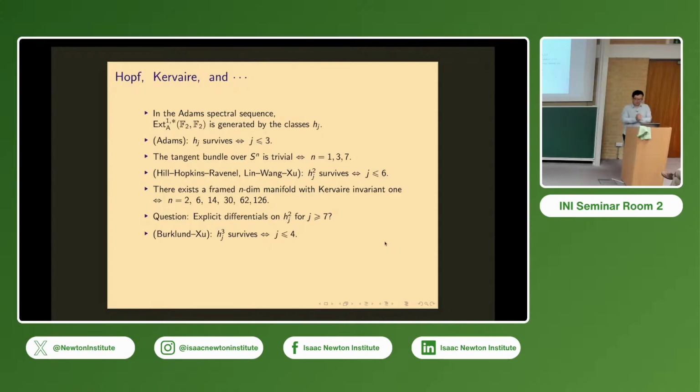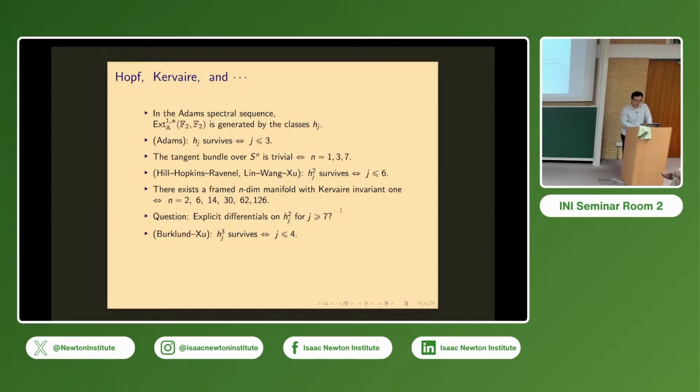But the thing I really wanted to talk about is this square zero family story. So Brooklyn and I proved that a similar question you can ask for hj cubed. The answer is only the first few survive, the later ones all die.